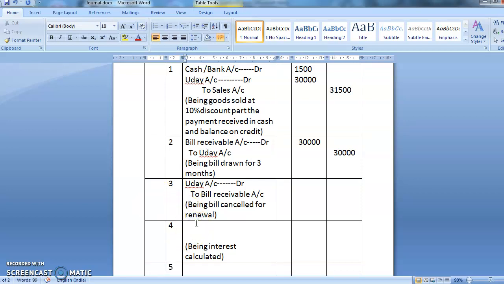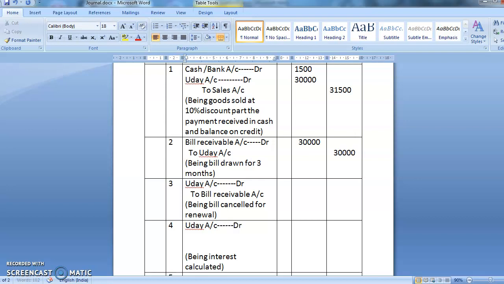Then what is the entry? Interest entry. Interest entry is Uday account debit to interest account.